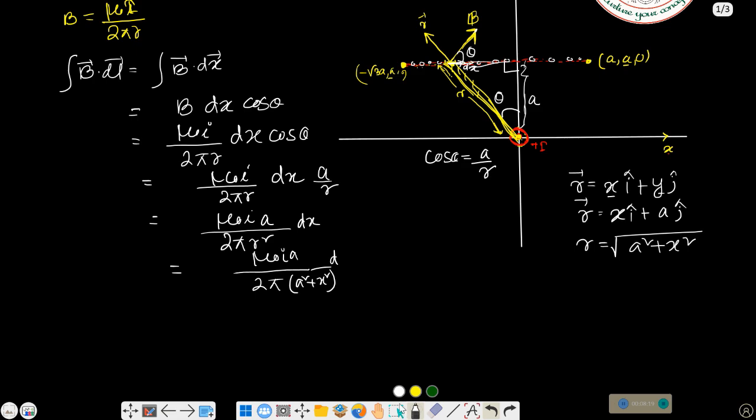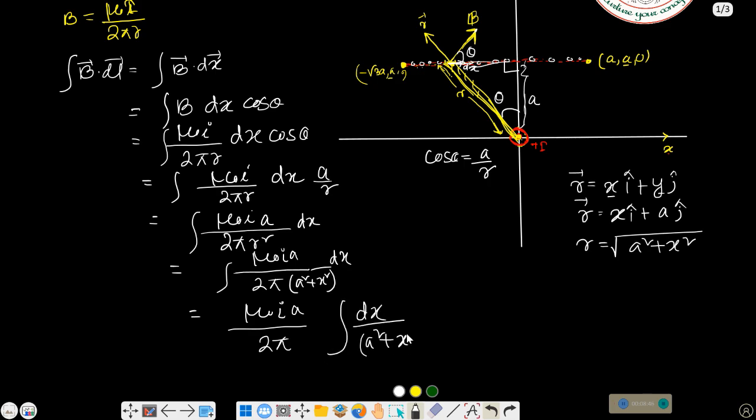Now we integrate. Mu naught, I, a and 2 pi are constant. What remains is the integration of dx by a square plus x square, because the variable is only x, and the limits will be from minus root 3 a to a.